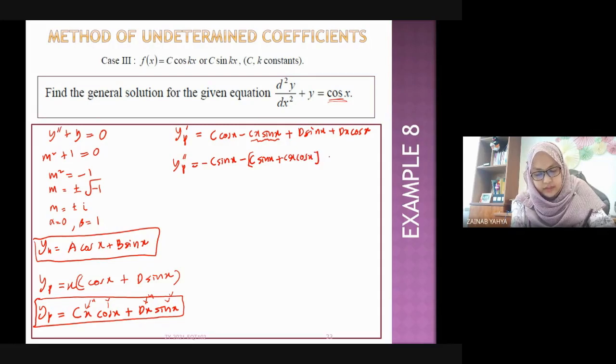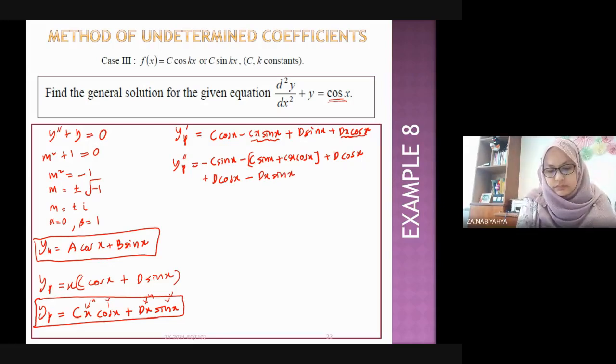Then the third term will be D cos x. And the last term, product rule again, plus D cos x minus D x sin x. Okay, can we simplify it here?